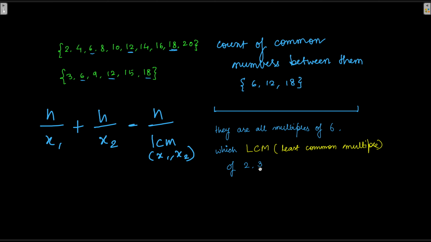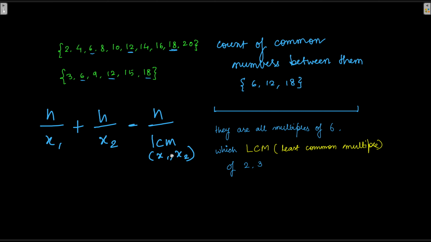That means if you want a number that is going to be a multiple of 2 and a multiple of 3, we create a list, and out of them 6 is the smallest number. So the count of such numbers is going to be n divided by LCM.